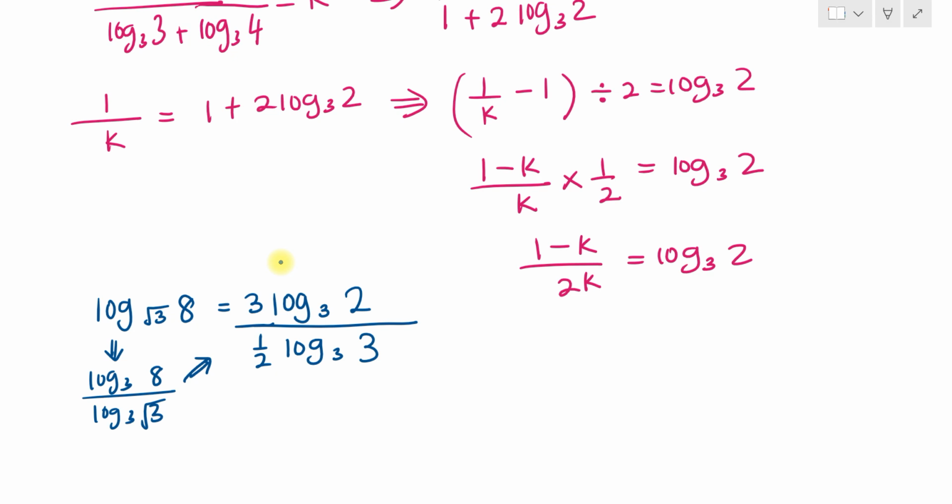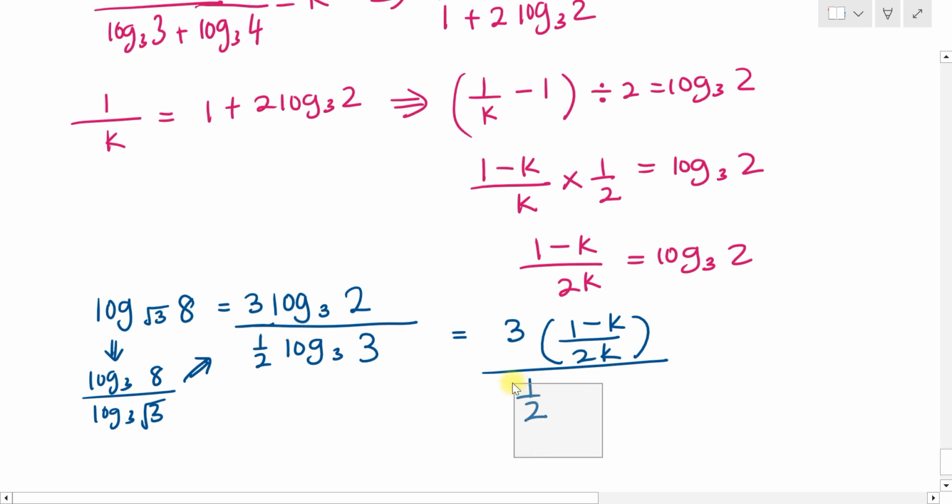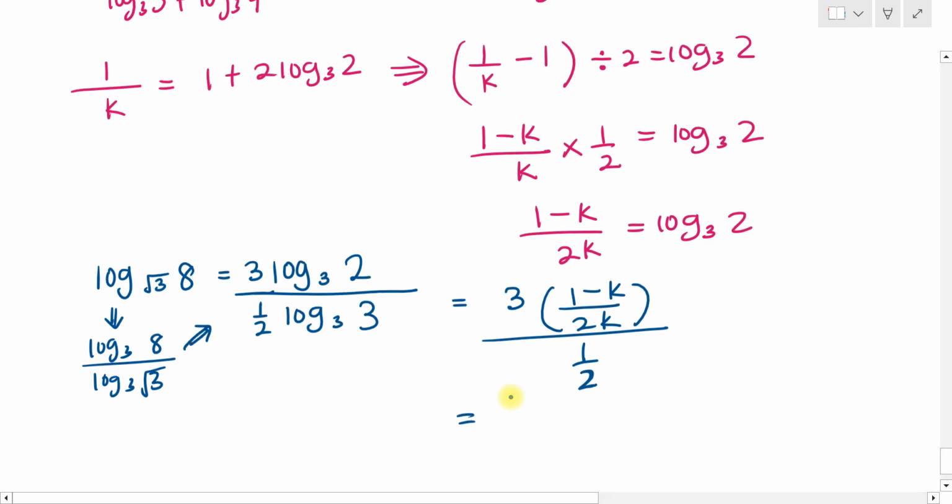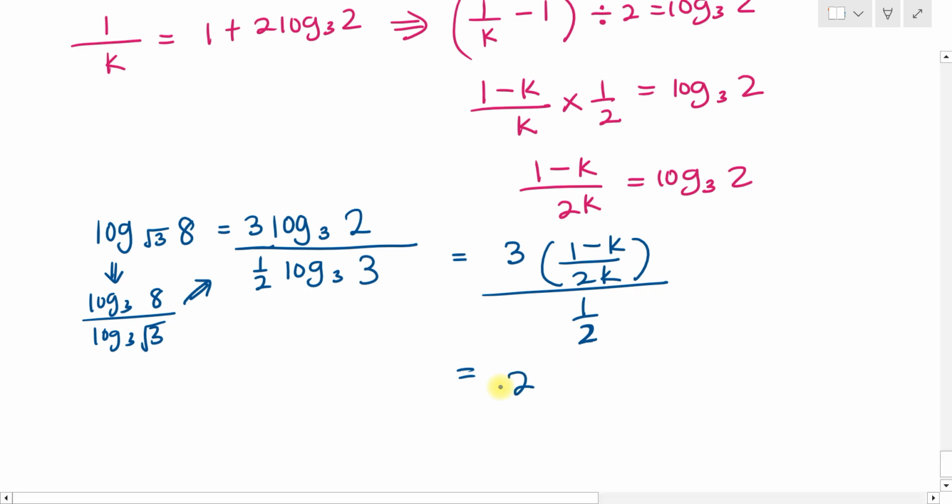Okay, now we try to substitute everything. 3 log 3 2 we already express 1 minus k over 2k, over 1 over 2 only. Log 3 3 you can cut, and then this 1 over 2, this 2 will carry at top, so it become 2 times 1 minus k over 2k, and then don't forget the 3 is here just now.